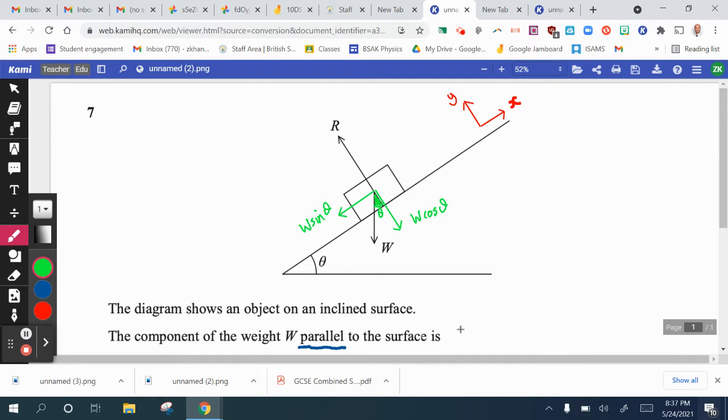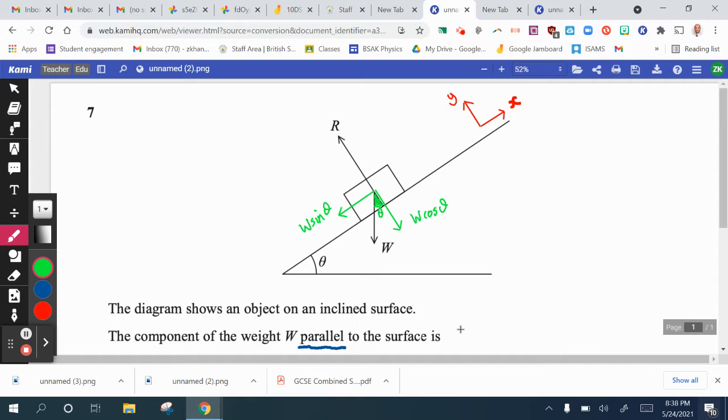Okay, so what we've got is we're concentrating on weight. If you look at weight here, it can be split into components. One part of that component is parallel to the surface, so with respect to this coordinate system is in the X, and then one component is perpendicular to the surface, which is in line with the Y. Okay, so what it asks for is parallel, so that's in line with the X. And as we know, if that's angle theta, this angle here is theta.